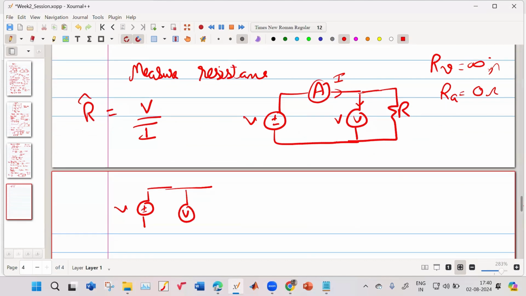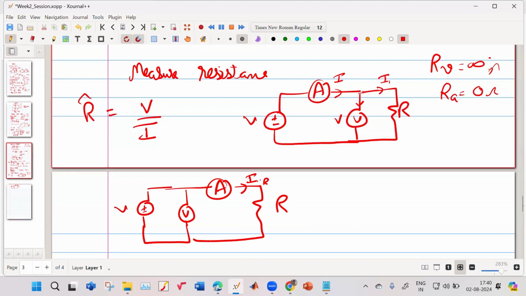You have a voltmeter over here, an ammeter here, and then a resistor. This ammeter measures the actual current flowing through your resistor. There's some voltage VR across your resistor, but there will also be some drop across your ammeter.